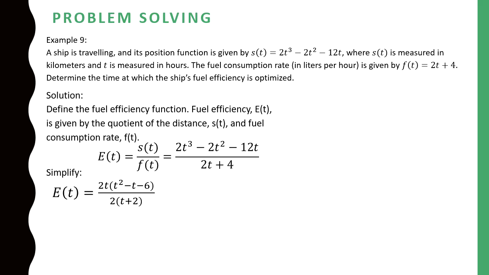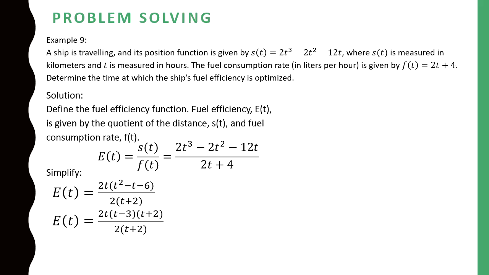Meanwhile, t squared minus t minus 6 could still be factored out as t minus 3 and t plus 2. Hence, 2t cubed minus 2t squared minus 12t could be factored out completely as 2t times t minus 3 times t plus 2. And 2t plus 4 could be factored out as 2 times t plus 2.